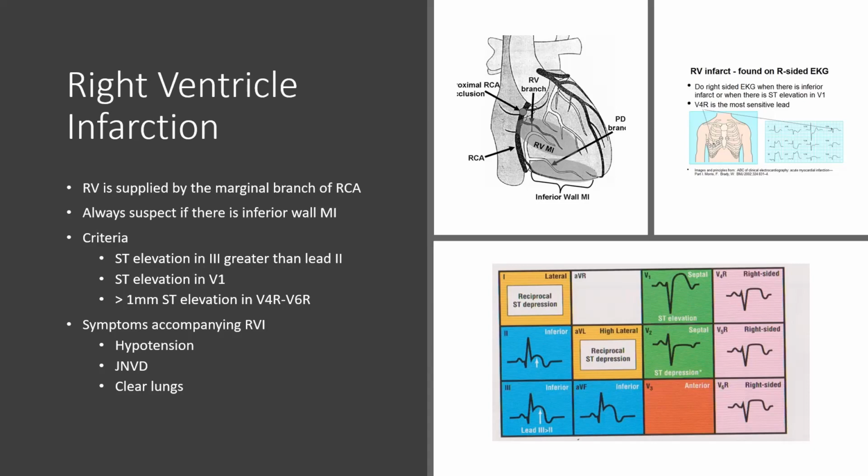If you give nitroglycerin, this would aggravate the situation and cause hypotension and congestion in the central venous system. Let me simplify that, because I think I might have lost some people.